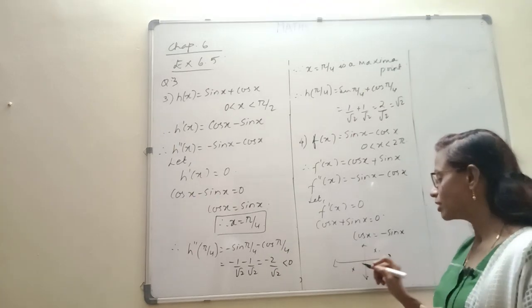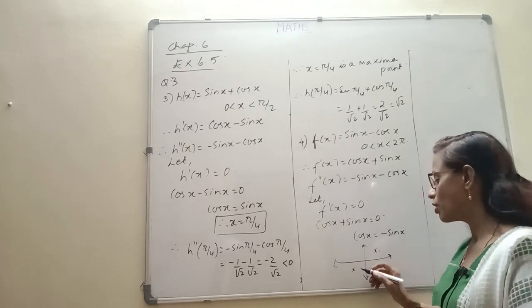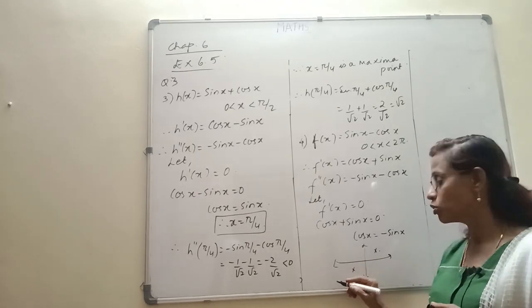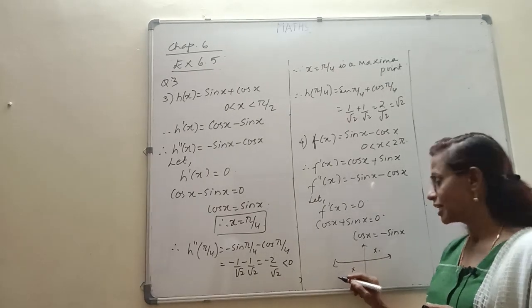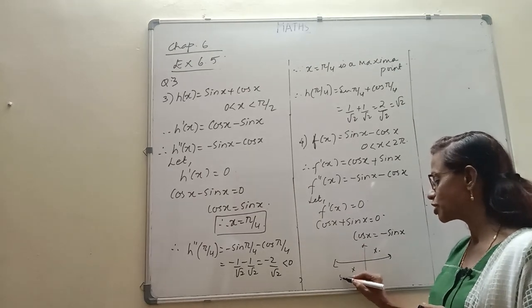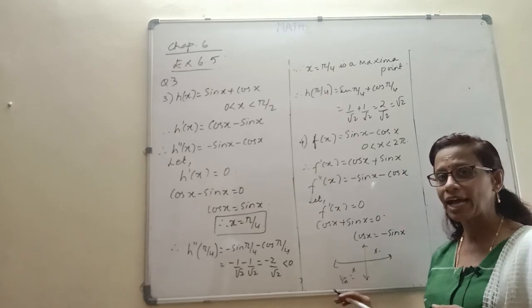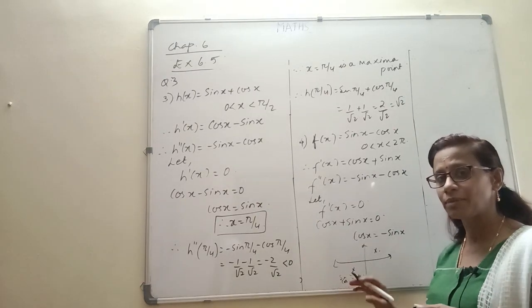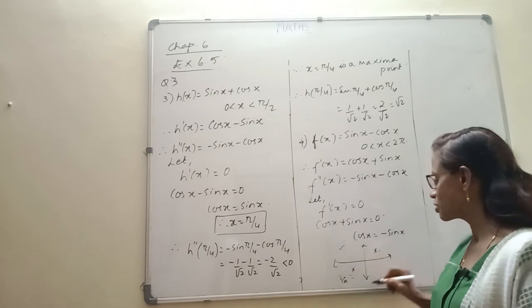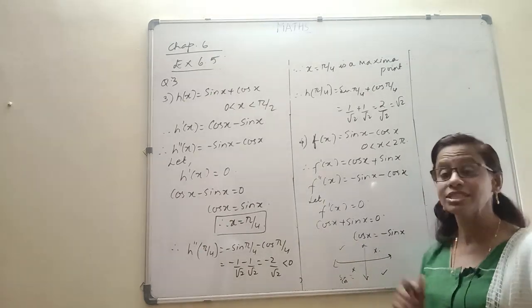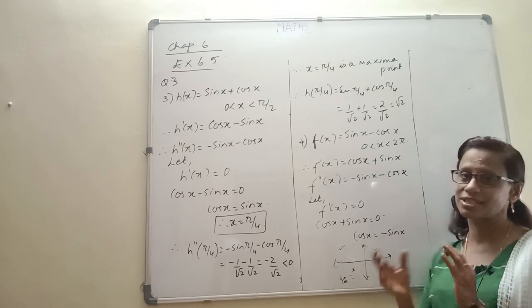It cannot happen in the third quadrant also, because in the third quadrant both sin and cos are negative, so one becoming negative and the other positive is not possible. So it is possible only in these two quadrants, because there sin and cos have opposite signs.